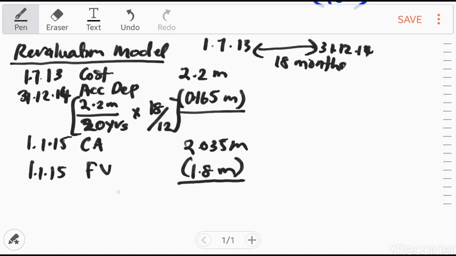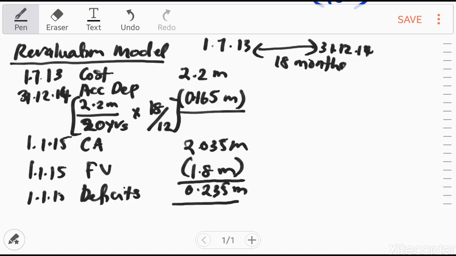It's actually the case of an initial revaluation, and that gives you the deficit. And the deficit is 0.235 in terms of million. And this is the deficit that happened on 1st of January 15.